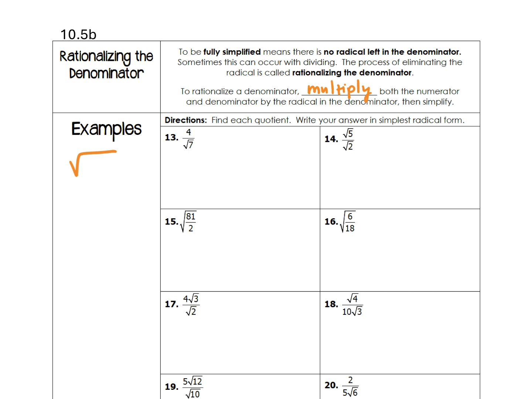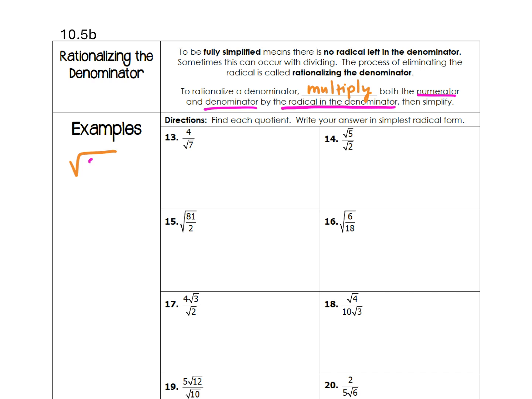Here it is. So what it says here is to rationalize the denominator, you're going to multiply the numerator and denominator by the radical in the denominator. So you're going to look at your denominator and you're going to go, oh, I'm going to multiply by that thing over itself because that thing over itself equals 1. But remember, a radical times itself ditches the radical.